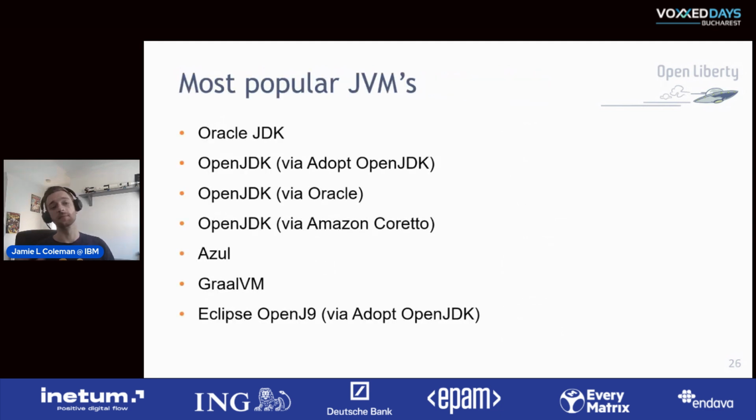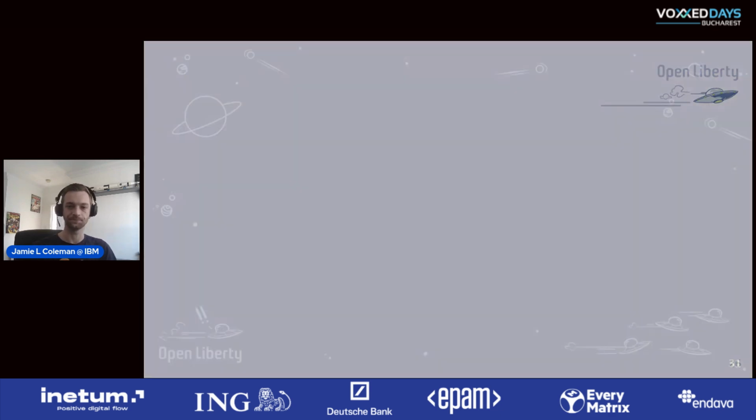These are the most popular JVMs that you see out there. You've got Oracle JDK, the different OpenJDKs, including Amazon and Microsoft's, then Azul and Graal, and of course Eclipse OpenJ9. This was originally IBM's JVM, which they open sourced, I think, about 4 years ago now.